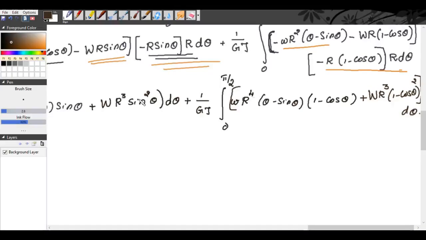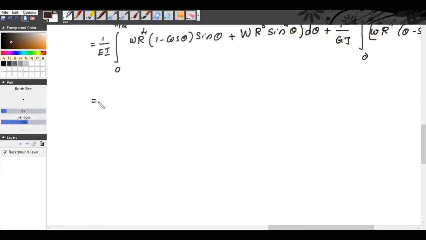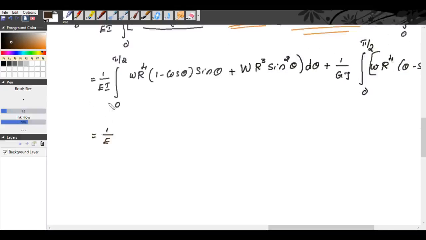So this is equal to 1 by EI. R cube is common, so we will take R cube by EI into integration of 0 to pi by 2 W R into, we will take sin theta also as common.